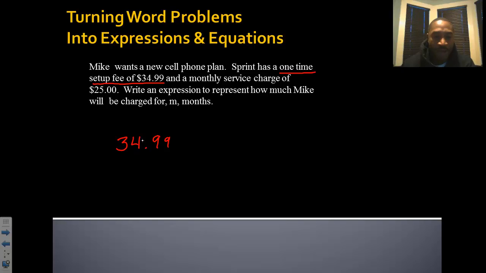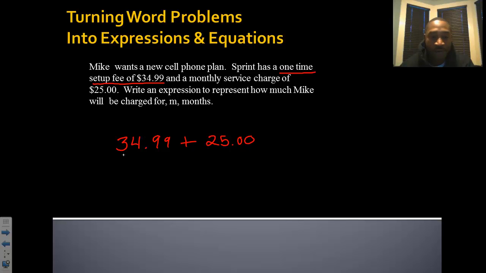So if I have to pay more than this $34.99, I'm gonna say, okay, I gotta pay $34.99 plus what else? Okay, then it says Sprint has a one-time setup fee of $34.99 and a monthly service charge of $25. So I also gotta pay the $25. Cool. Now it wants me to write an expression to represent how much Mike will be charged for M months.